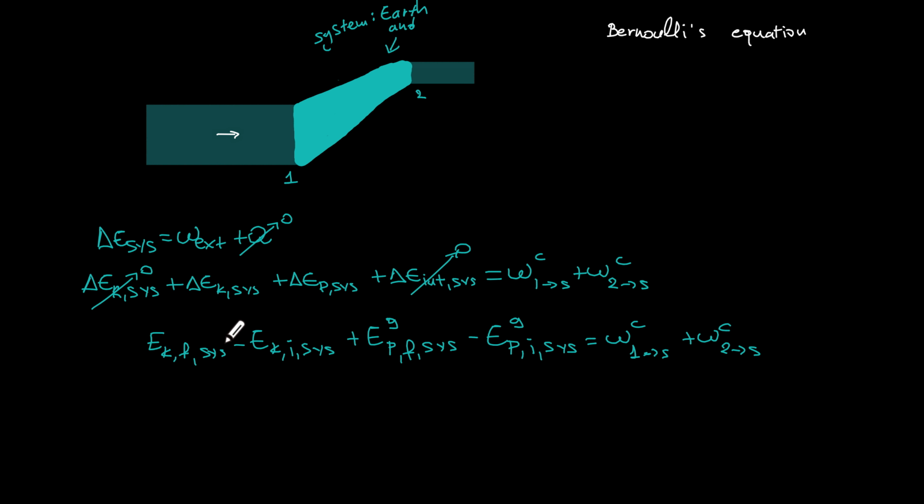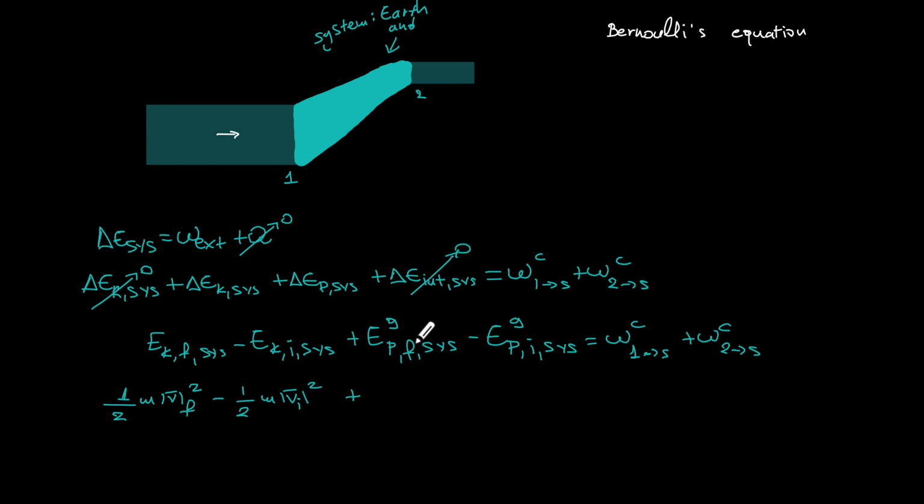Now, of course, I will assume that the kinetic energy of the earth is not changing. It's only the kinetic energy of the fluid that is changing. So this will give me 1/2 the mass of the fluid times the speed final squared minus 1/2 mass times the initial speed squared.